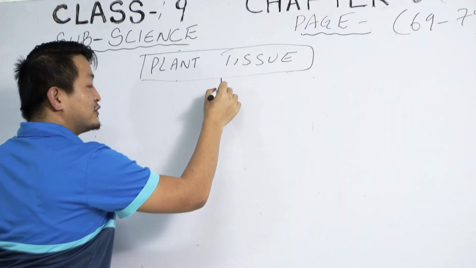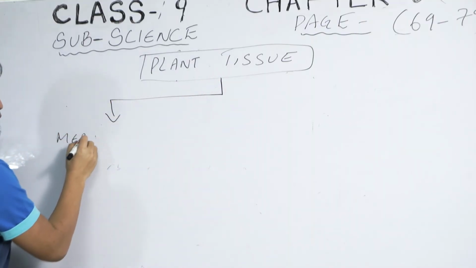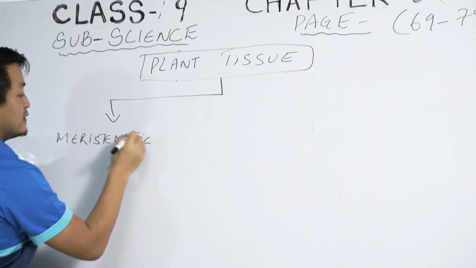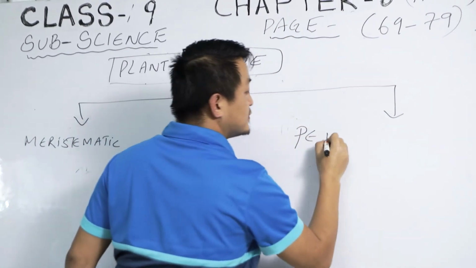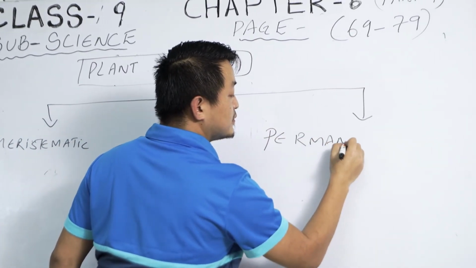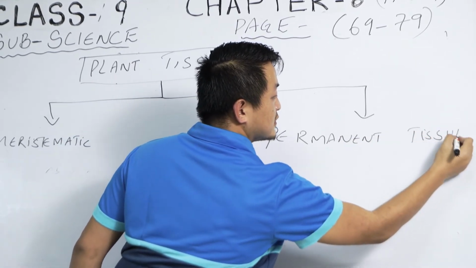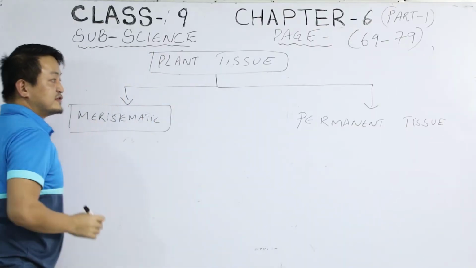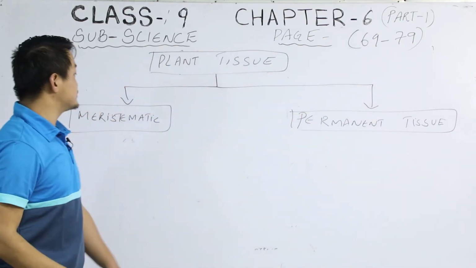Plant tissue, we can divide into meristematic and permanent tissue. Clear? So the first step of division would be meristematic and permanent tissue.